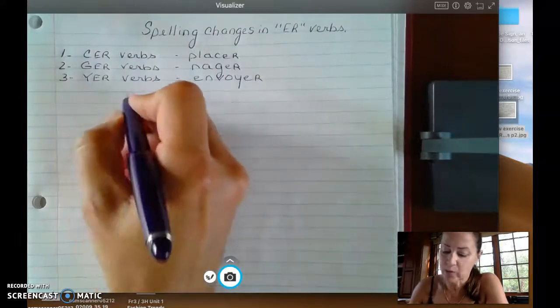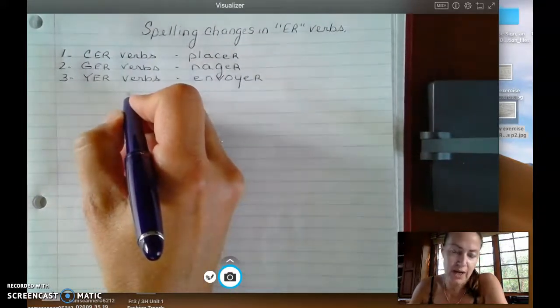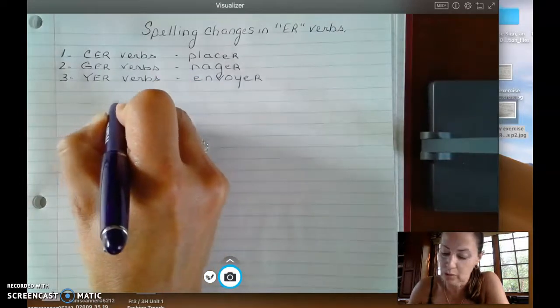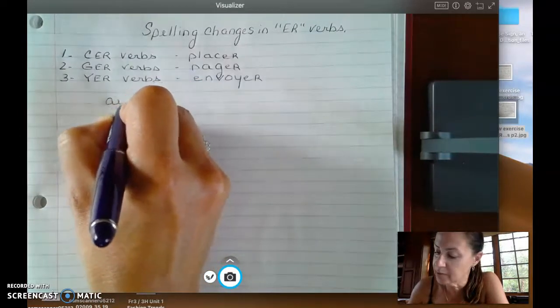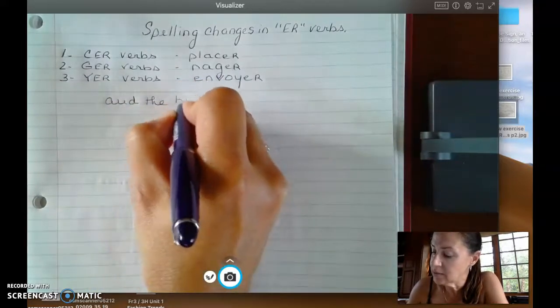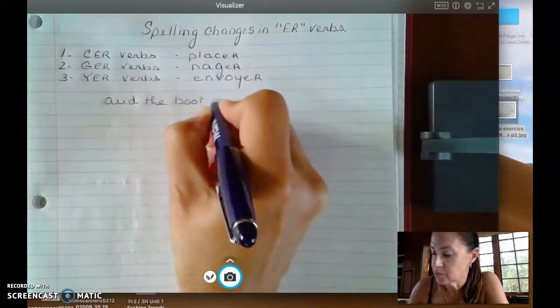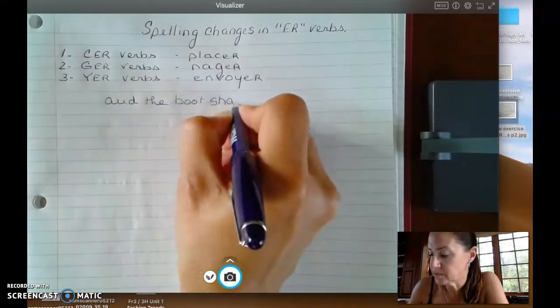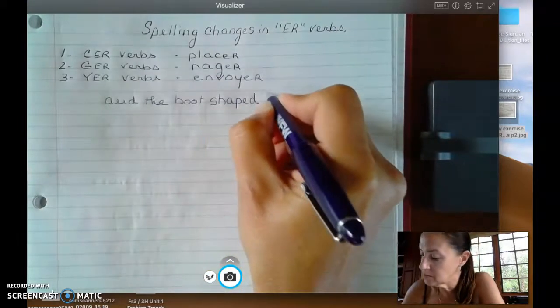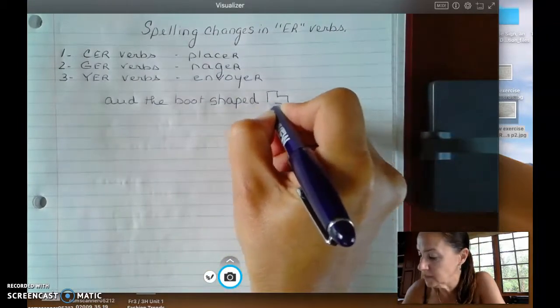And then, like I said, we have those boot-shaped changing verbs. I'm going to write it out, boot-shaped.